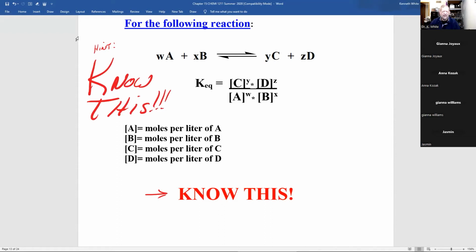wA plus xB. Remember, w and x are coefficients. A and B are chemical formulas.